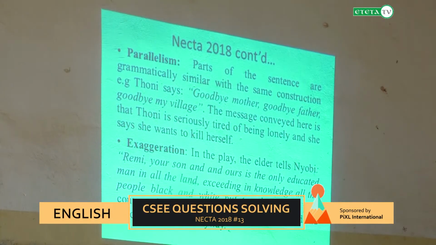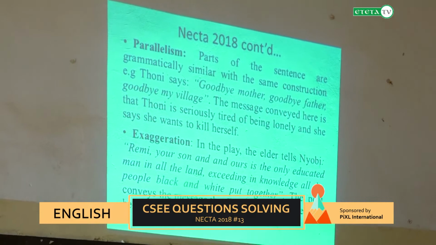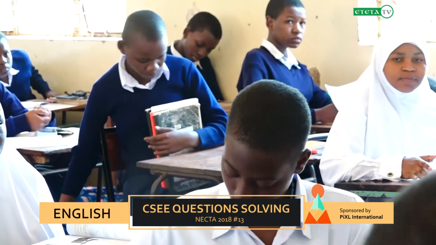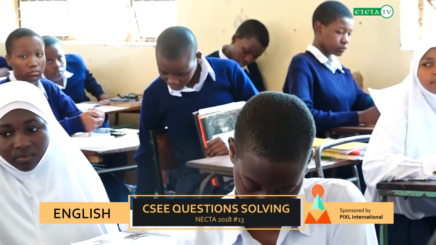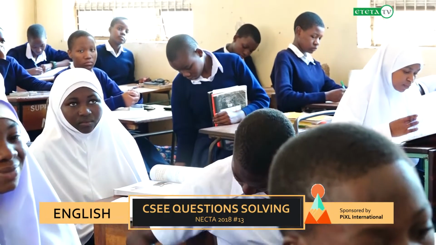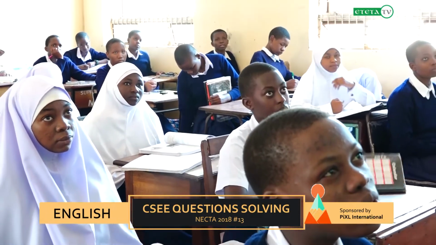She could not say straightforwardly that she was going to commit suicide, but according to the playwright, by saying goodbye my village, goodbye my father, goodbye my mother, it means she was going somewhere where no one can go. Okay? Yes. And actually, that is literature. Literature sometimes can have hidden agendas.